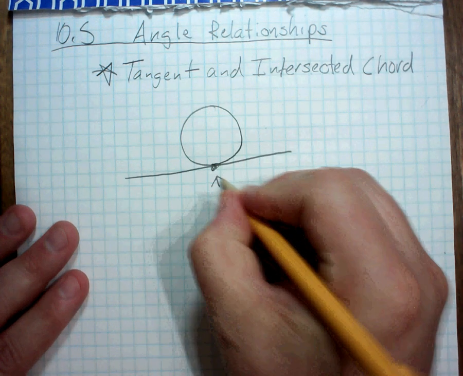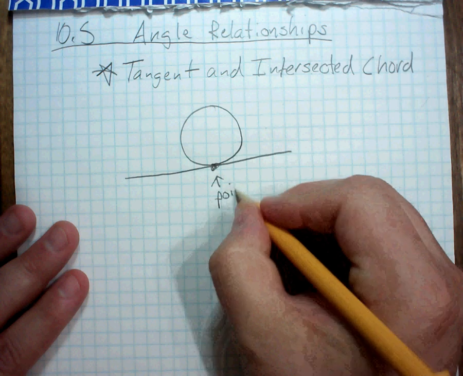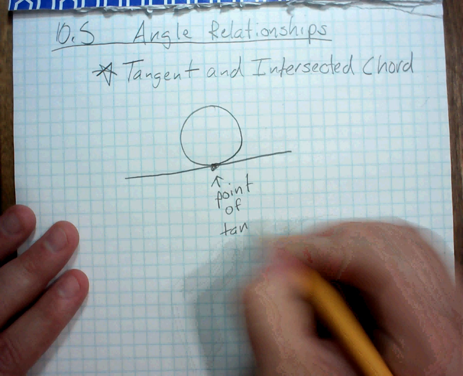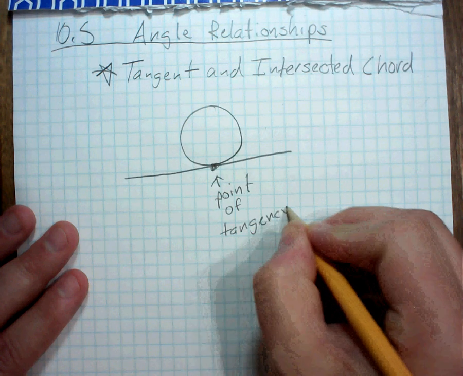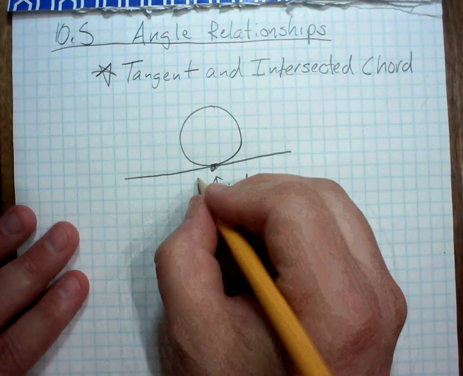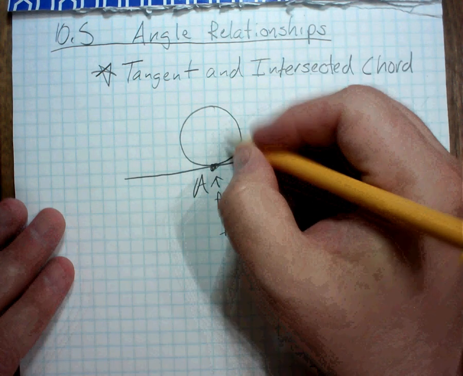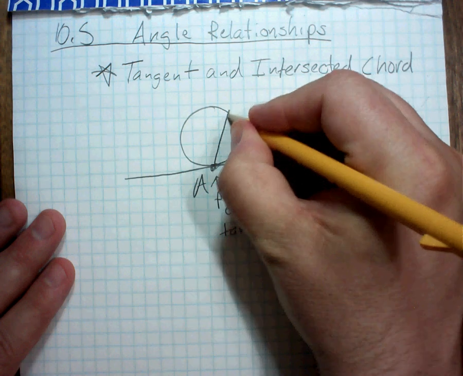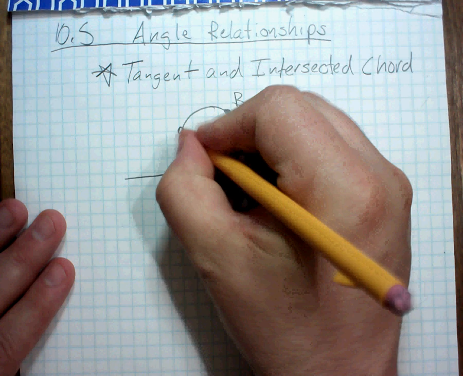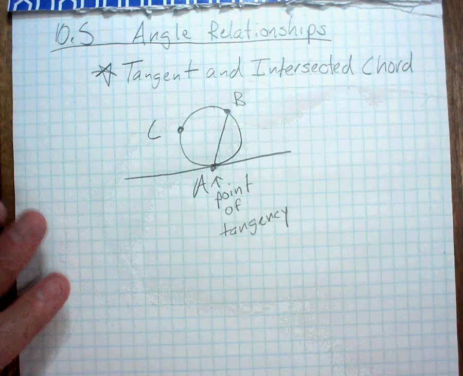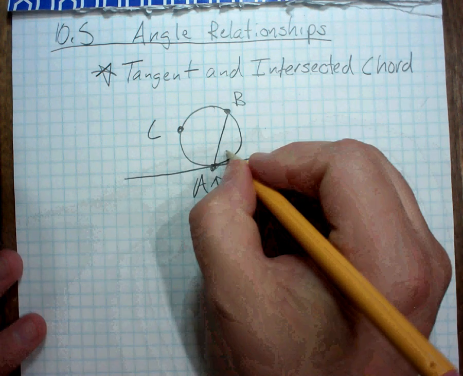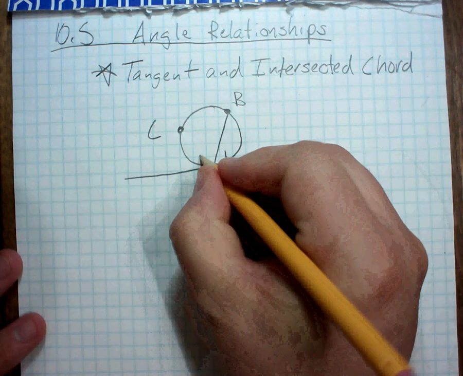is the point of tangency. Okay, and we'll label this as point A, and then let's have a chord. It doesn't matter where the chord goes, but let's have it go to point B, and then I have a point over here called point C. So in this scenario, this is going to be the measure of angle 1, and this will be the measure of angle 2.